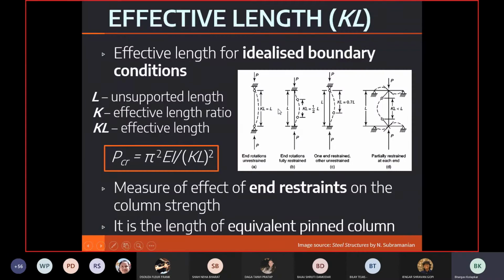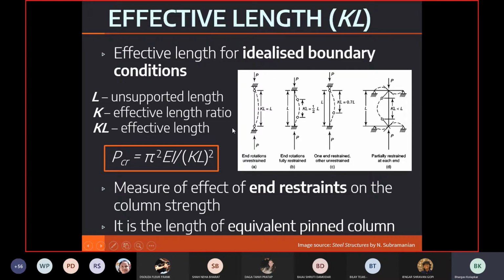What we looked at are called the ideal boundary conditions. So a perfect pin or a perfectly fixed support. These are idealized boundary conditions. Anyway, I think the concept still remains the same. So all this is valid for idealized boundary conditions.